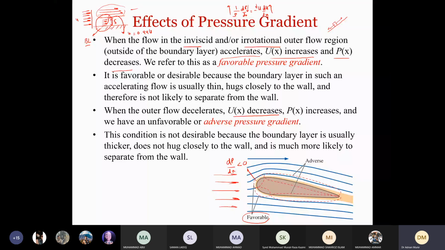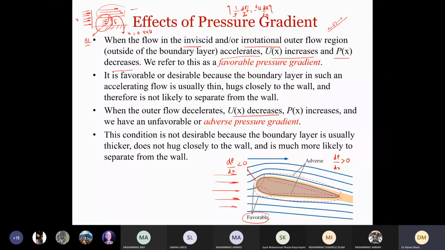Now when the flow comes in contact with this aerofoil and flows past it, because of viscosity we will have a boundary layer, and as a result the flow will decelerate. Depending on the shape, size, Reynolds number and surface roughness of the aerofoil, which we'll discuss later on, we will have an adverse pressure gradient where dp/dx will be greater than 0, and as a result the flow will decelerate.